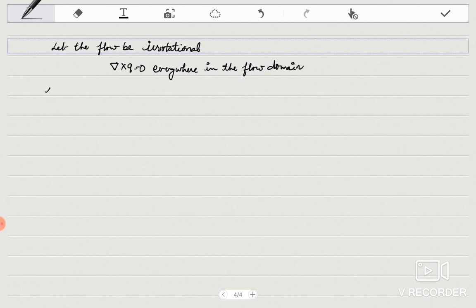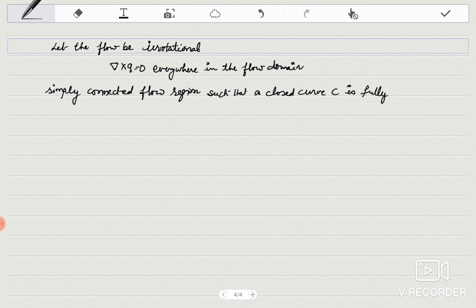Now consider a simply connected flow region such that a closed curve C is fully immersed in it.